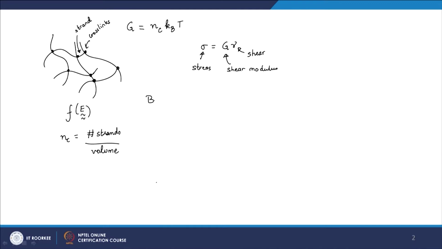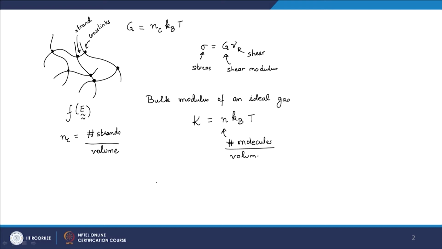The bulk modulus of an ideal gas is given as something like K is equal to N kBT, where N is the number of molecules per unit volume, which shows some similarity with the expression we have, NC kBT.